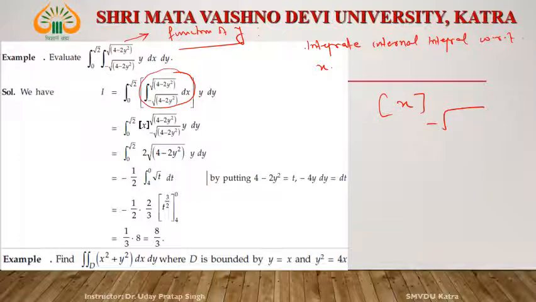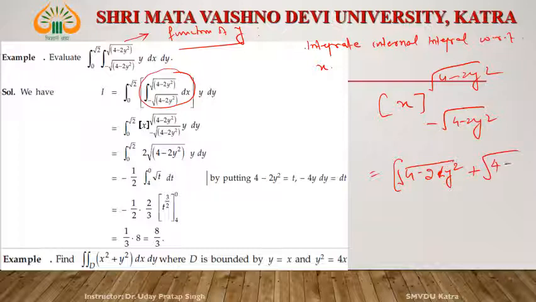Minus square root of 4 minus 2y square and square root of 4 minus 2y square. So this is square root of 4 minus 2y square, and minus, this is again minus, this is plus square root of 4 minus 2y square. So this is 2 times square root of 4 minus 2y square, y dy.